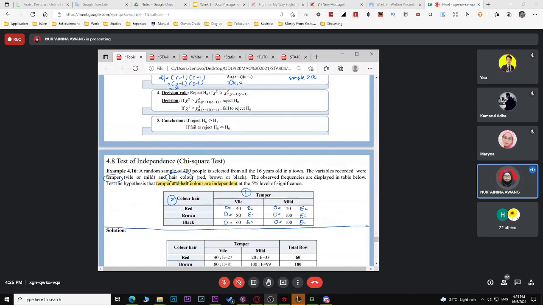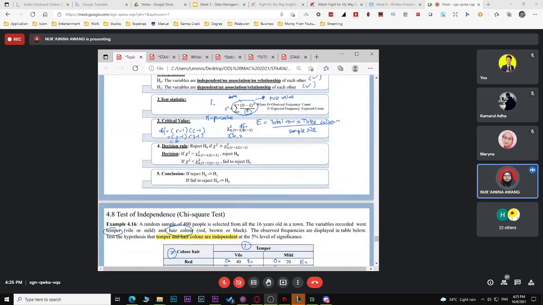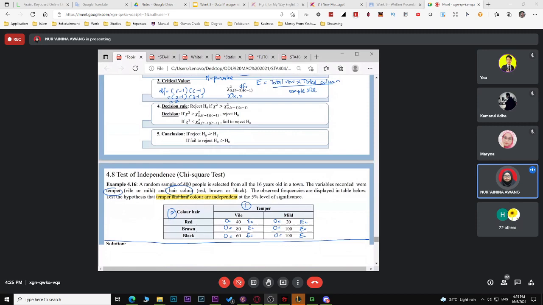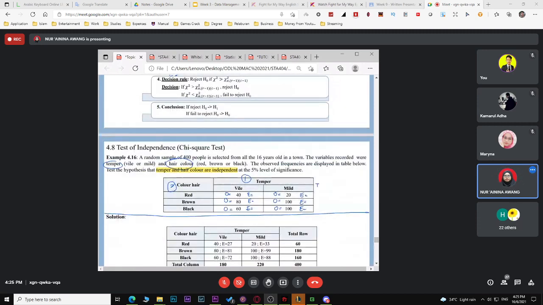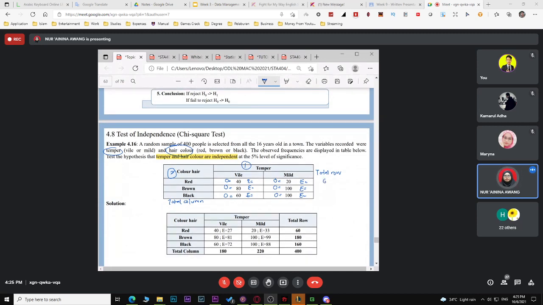So how to find the value for E? This is the formula: total row times total column over your sample size. So first you need to find the total for each row and the total for each column. For the first row, red, 40 plus 20, you will get 60.